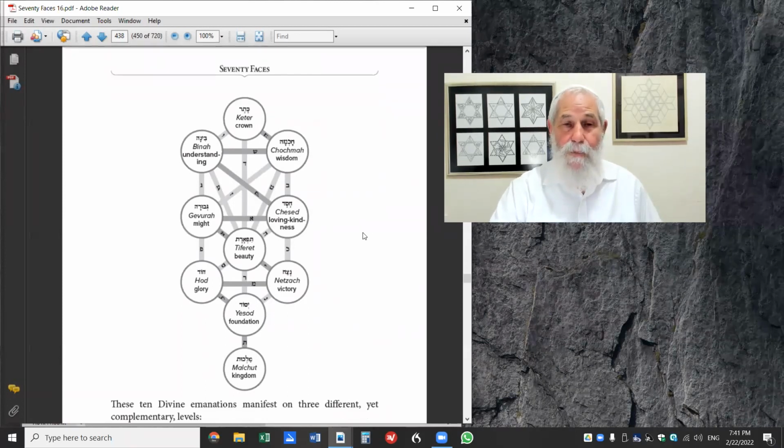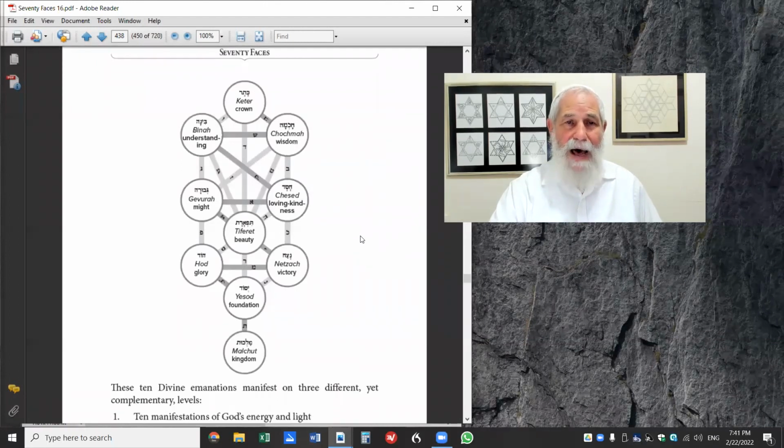So this was practically the first model that we used, and this is the 10 Sefirot and the 22 Hebrew letters connecting them. And if you remember, this is how the Sefer Yetzirah begins, with 32 pathways of wisdom. And then it goes on. God created the world through the 22 letters and the 10 Sefirot. So this is an incredibly important model.